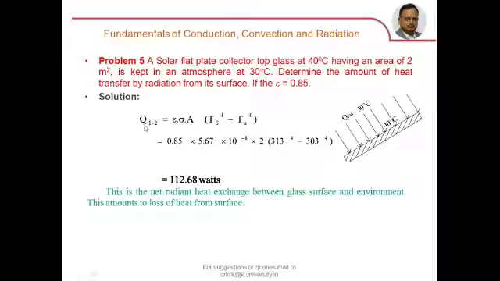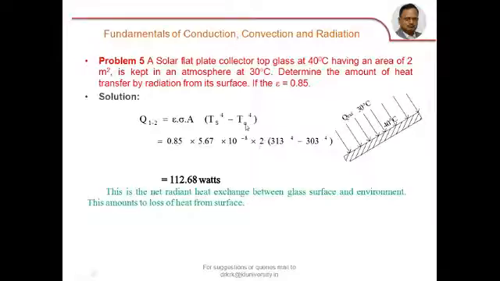As we have seen earlier, the environment emits energy, and the surface also emits energy because the temperatures are greater than 0 Kelvin. So the net radiant energy is epsilon sigma A times Ts to the power 4 minus T alpha to the power 4, where epsilon is the emissivity 0.85, sigma is 5.67 into 10 power minus 8, and the exposed area is 2 meters square.